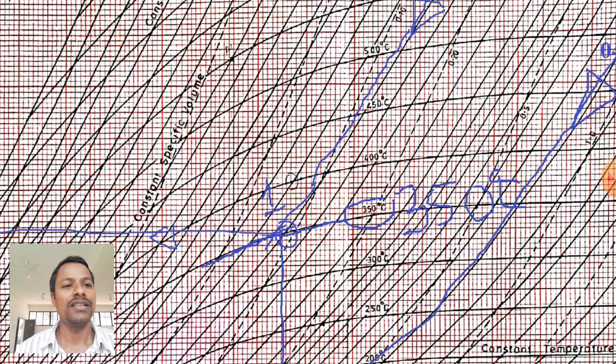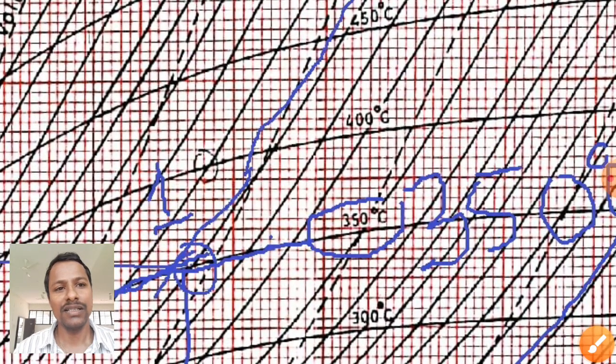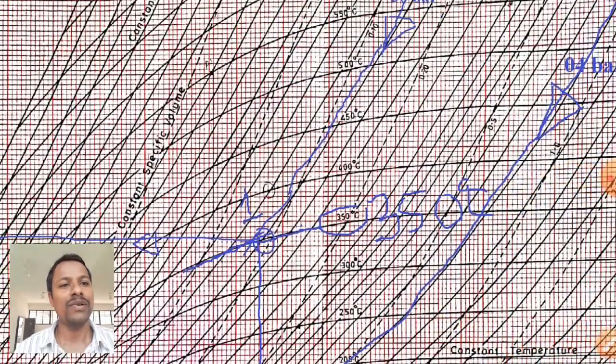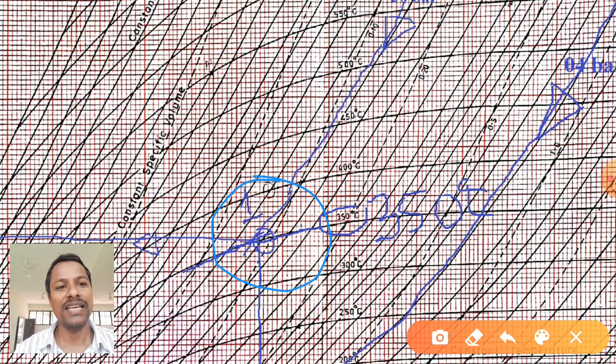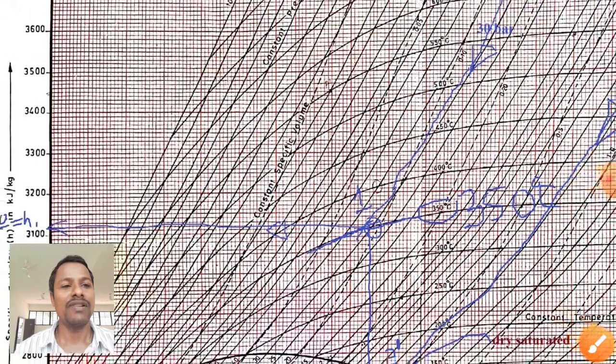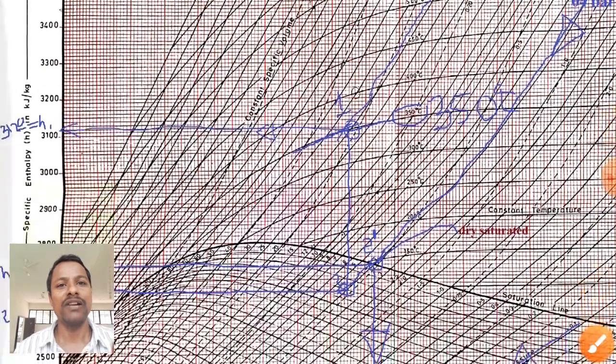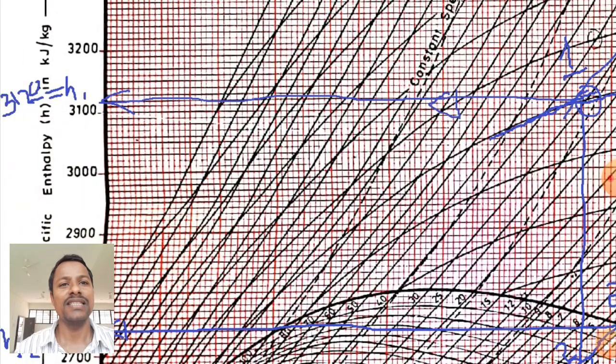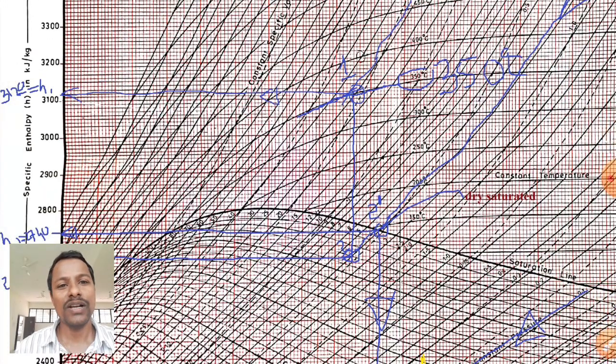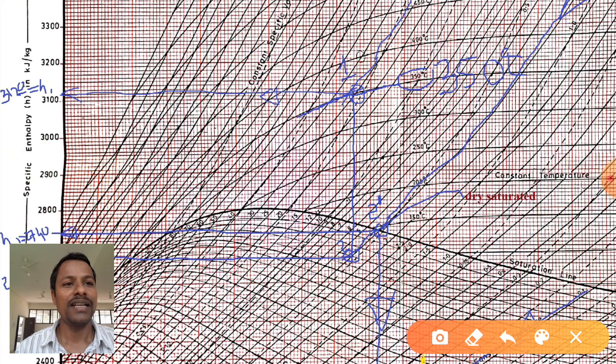I have to find the temperature 350 degrees Celsius, because at the turbine inlet the temperature of the steam is 350 degrees Celsius. Wherever the 30 bar pressure line and 350 degree Celsius both intersect, I have indicated state point 1. After marking state point 1, if I draw a horizontal line towards the y axis, I will be able to read the value of enthalpy H1 as 3120 kilojoule per kg.